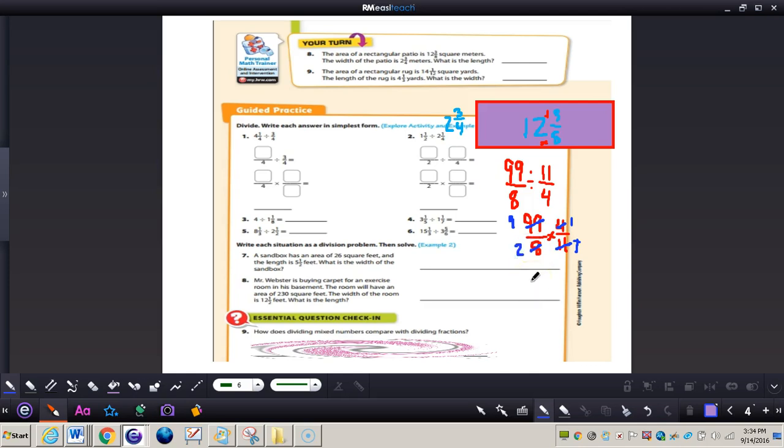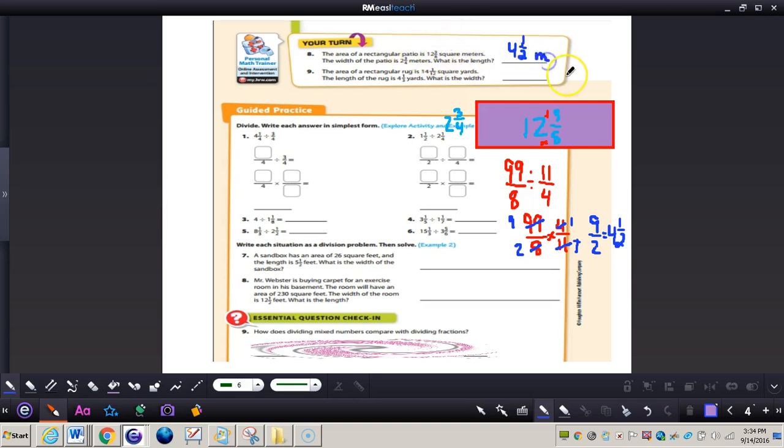So you can see I simplified a lot, which makes my life a whole lot easier. So now I can take 9 times 1 gives me 9. 2 times 1 gives me 2. Okay, so what I can see here, the answer, 9 over 2, is going to give me 4 1/2 for my answer. So for number 8, 4 1/2 meters.